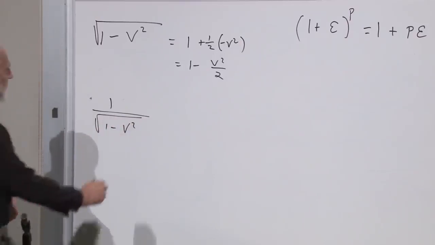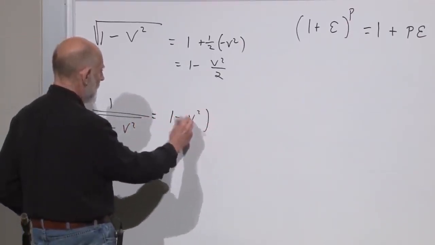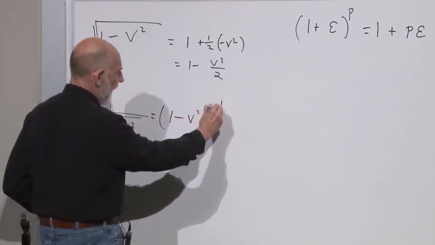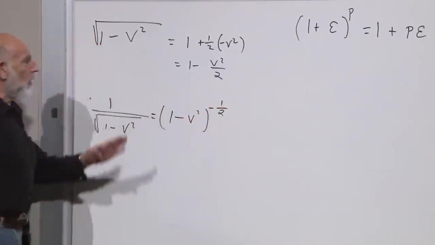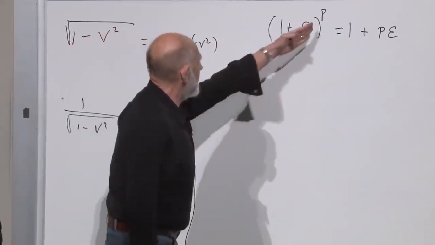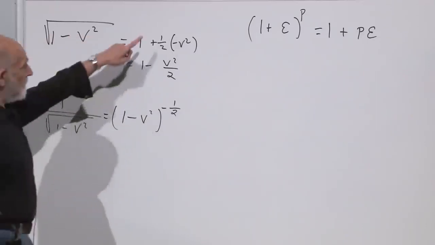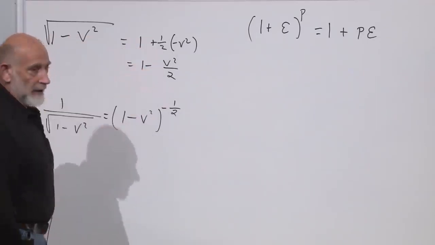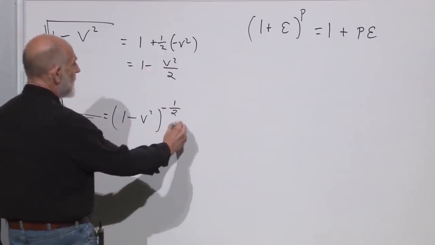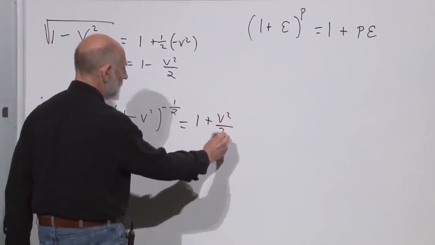This case is the same as (1 − v²)^(−1/2). The only difference relative to what we just did above is that p is −1/2. That has the effect of changing the sign here so that this becomes 1 + v²/2.